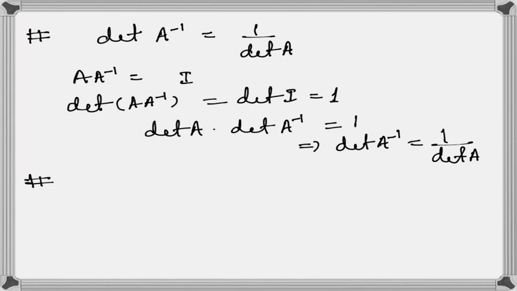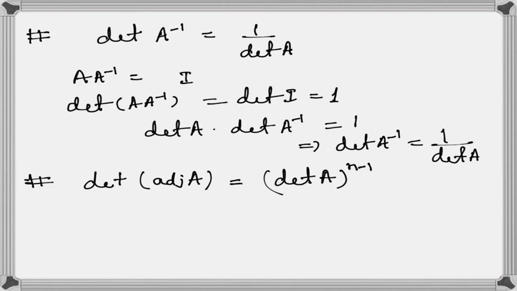Another one is related with the adjoint. The determinant of adjoint A can be obtained from the determinant of A to the power n minus 1, where A is an n cross n matrix.